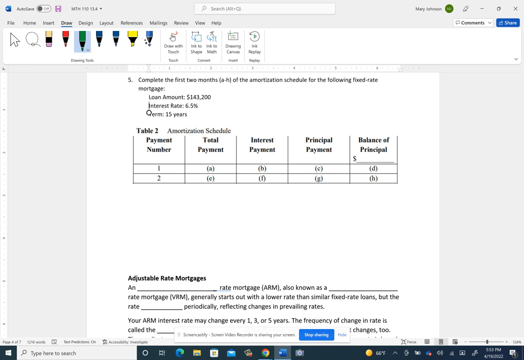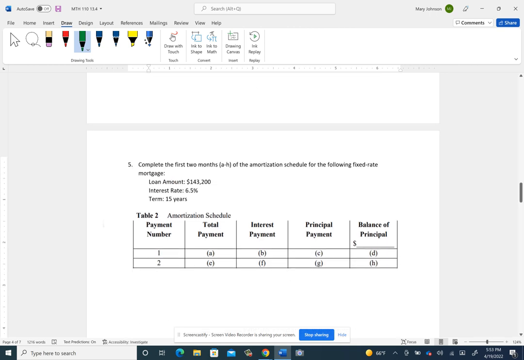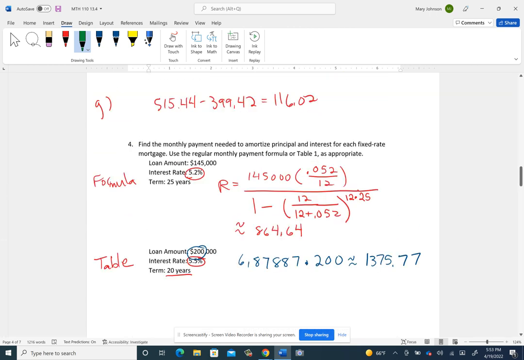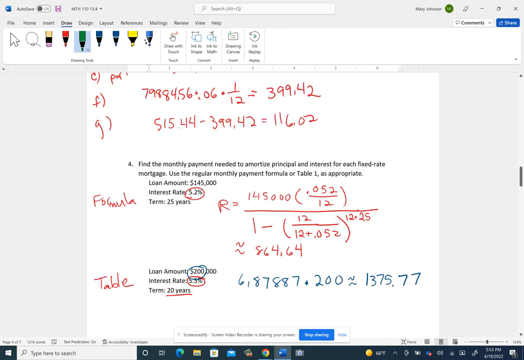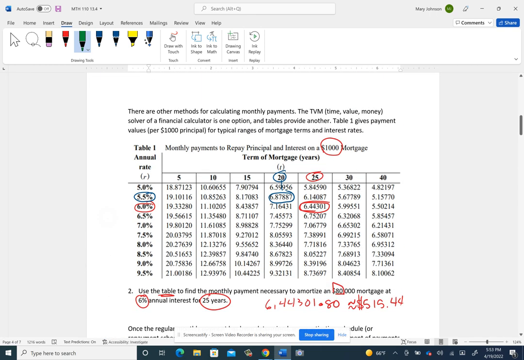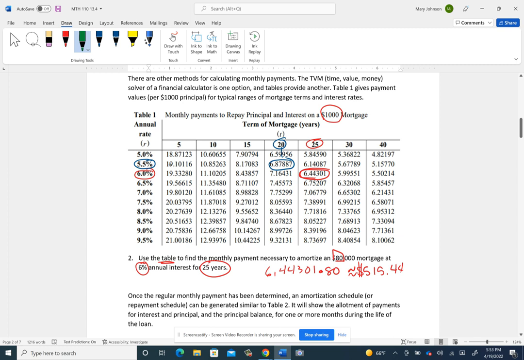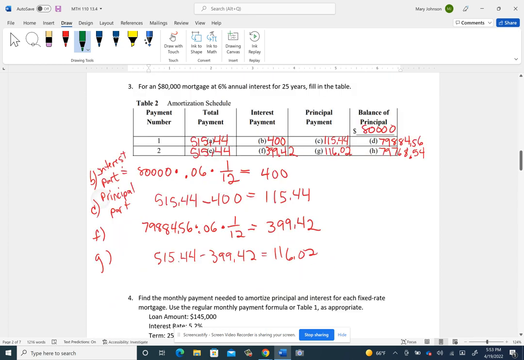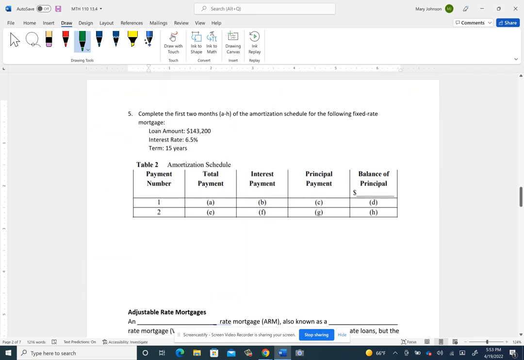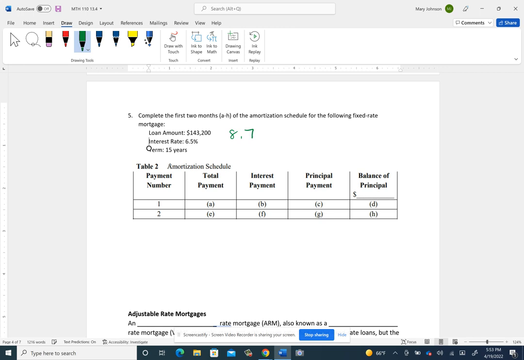So let's go back to the table and get the factor that would help us get the monthly payment, because we weren't given that. Okay, wait, I already forgot what it was. 6.5, 15 years. So here's 6.5, 15 years. 8.71107.